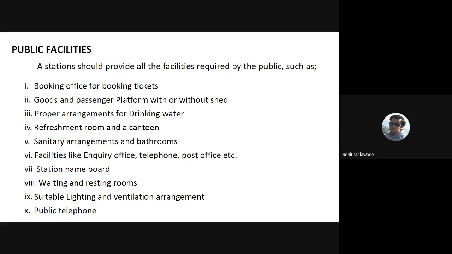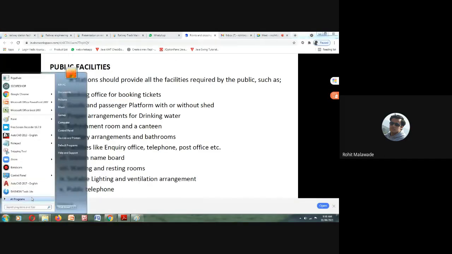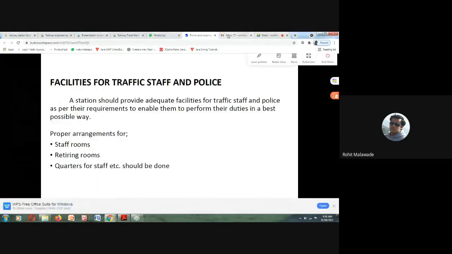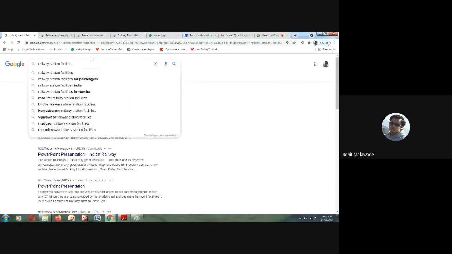A platform is a place where your goods and the passengers are going to enter into the railway or they will be waiting right beside your railway track, right? Beside your railway track, I will show you what a platform is exactly. You will be knowing it, but still, right? I will be showing what a platform is.